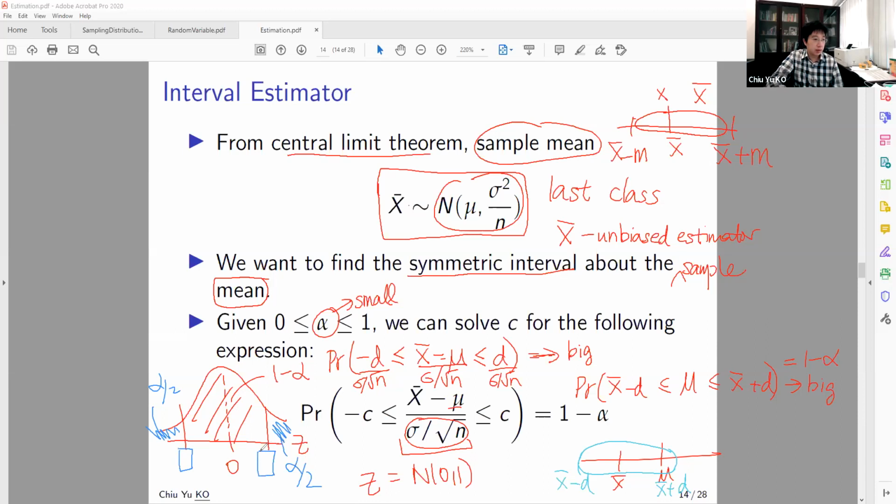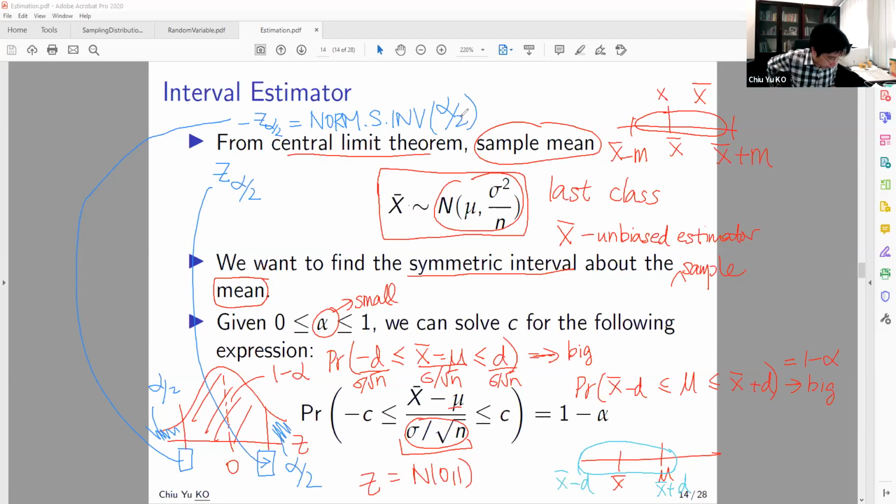We denote this number as Z alpha over 2. By symmetry, the other number will be negative Z alpha over 2. We know how to calculate this from Excel: NORM.S.INV of alpha over 2. We will show you an example very soon. In our case, this is the c I'm trying to solve for.